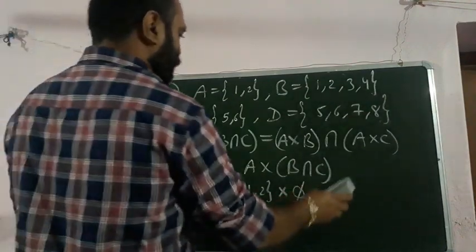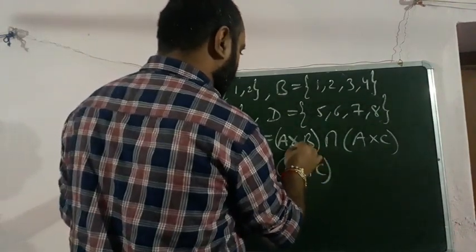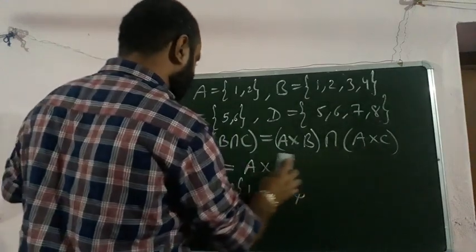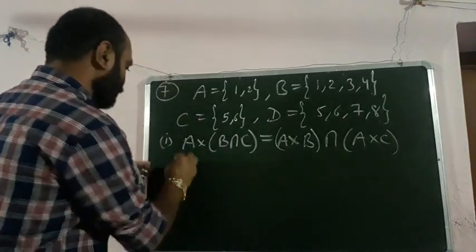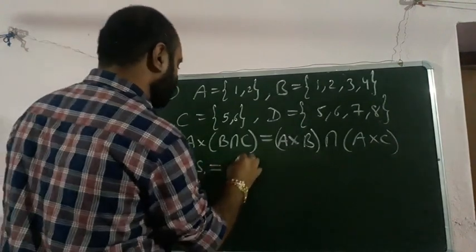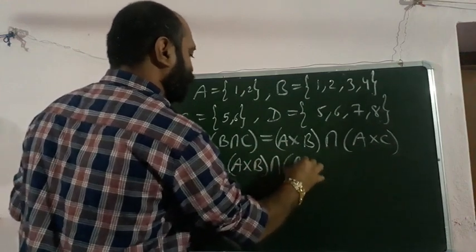Similarly, let us find the right hand side of this statement. The right hand side is (A cross B) intersection (A cross C).